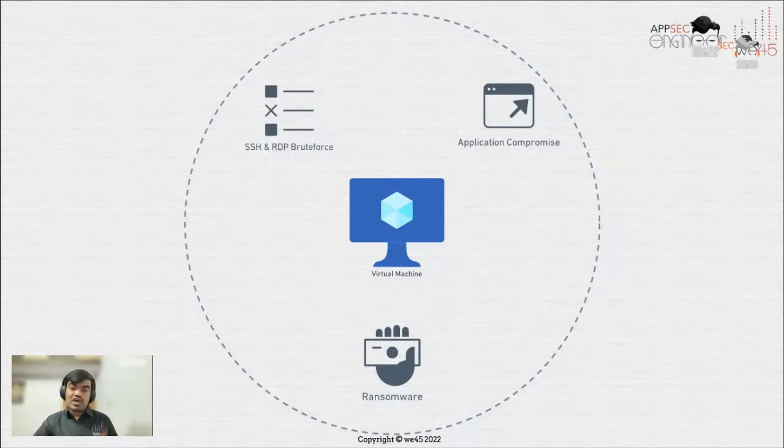Such attacks also happen, and all of this comes under customer responsibility if you don't take good care of a virtual machine. So how do we know whether this particular attack is possible? Whether an application can be compromised, whether SSH can be brute forced, whether malware can be injected? How do we know that? How do we test it?